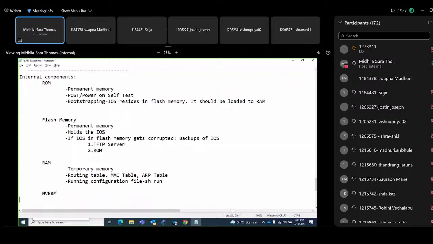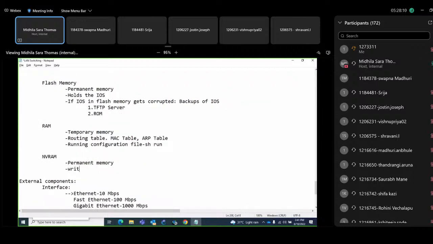Now, what is the function of NVRAM, guys? You tell me, I will tell you. It is non-volatile RAM. It is permanent memory. And what is its function? Did you use the write command in your GNS3 configuration? Yes. Why did you use it?